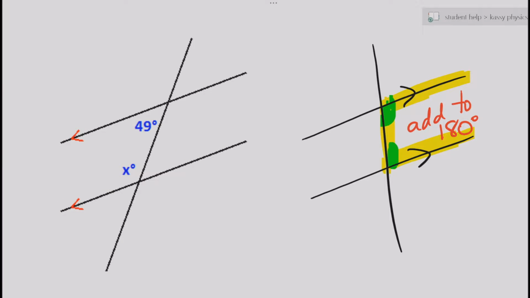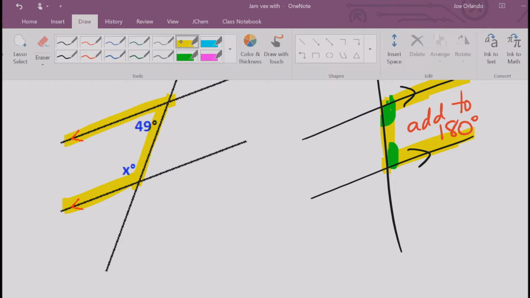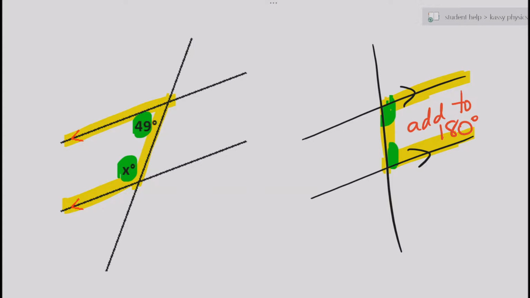Well, if we look over here, even though it's backwards, there's our C pattern, which means that this angle and this angle must add to 180.